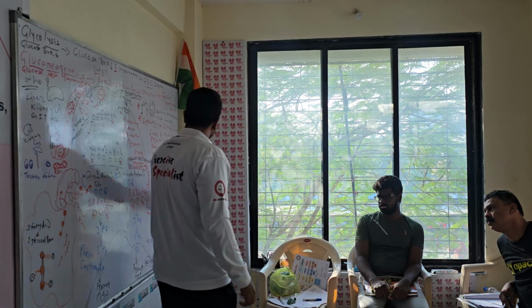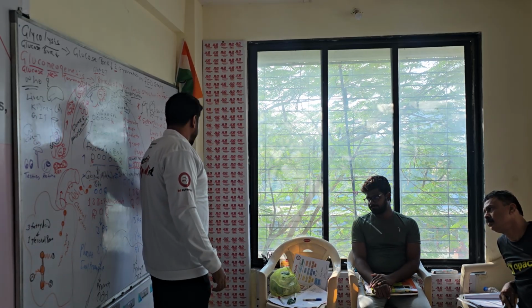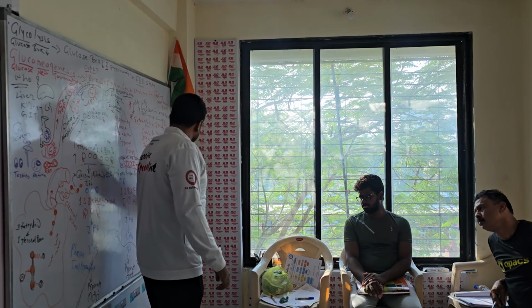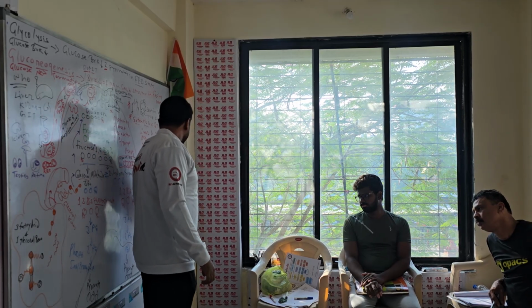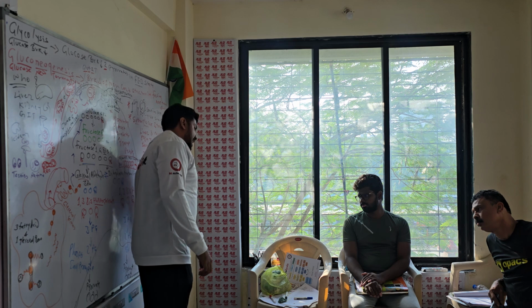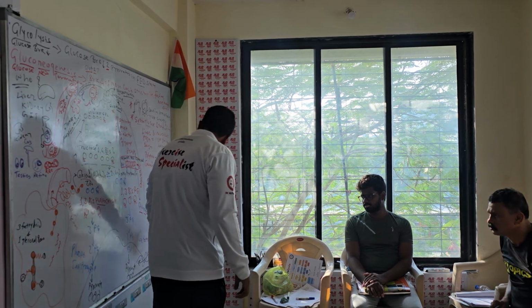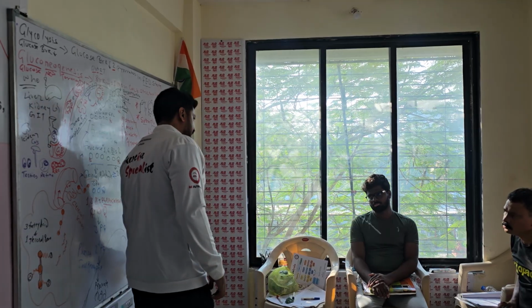So it has to break down this glycogen into pyruvate, and along with this pyruvate there are by-products in this process, that is lactate and alanine. This pyruvate along with lactate and alanine will go to the liver.